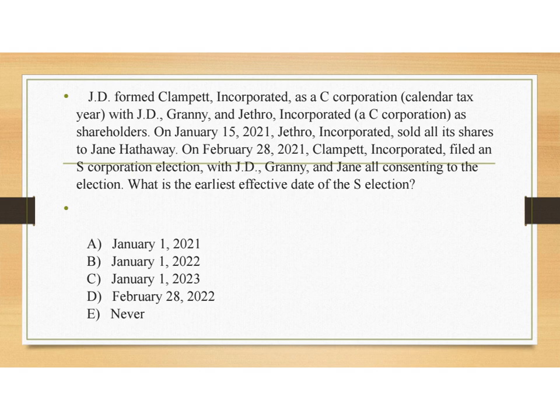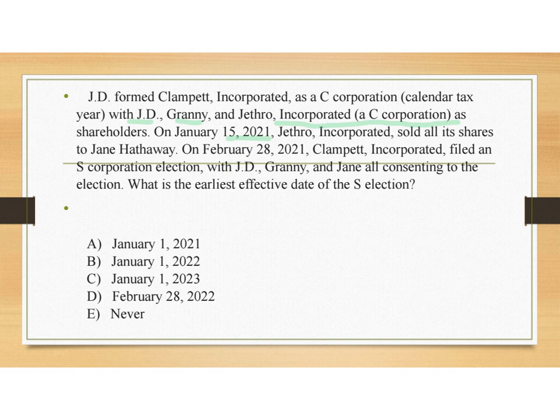All right, let's take a look. Now we've got JD, and they form Clampett Incorporated as a C corporation with a calendar tax year, and they've got JD, Granny, and Jethro Incorporated, a C corporation, as shareholders. On January 15th, 2021, Jethro Incorporated sold all of its shares to Jane Hathaway.